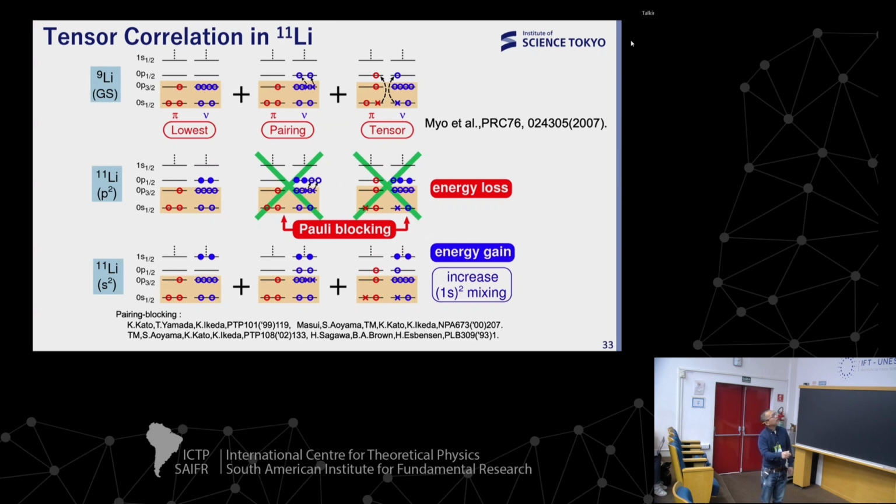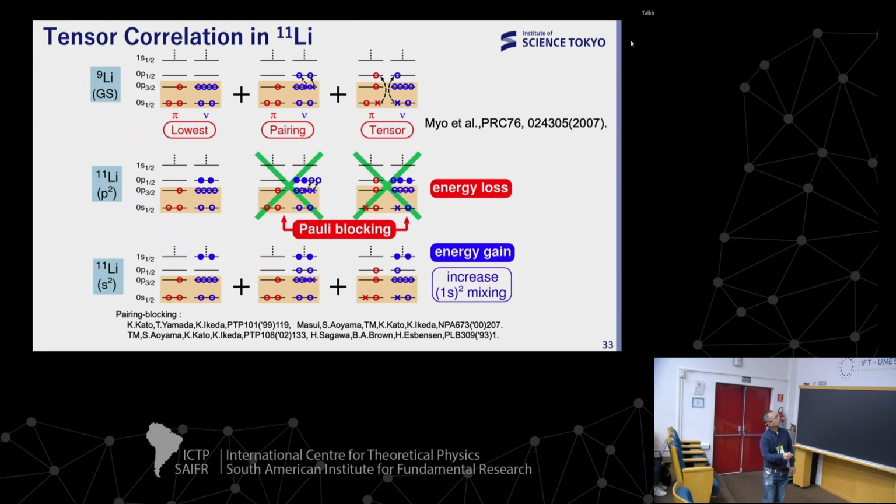And also there is a so-called tensor correlation, where one proton, one neutron in the 1s orbital, the lowest orbital, goes to P1/2 like this. So by mixing these two, the lithium-9 gets correlation energy, so it becomes more stable. How about the lithium-11 case?